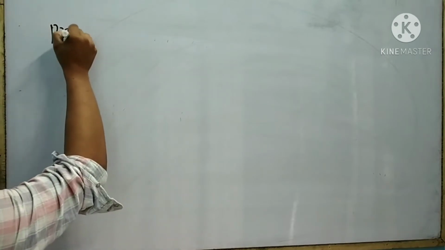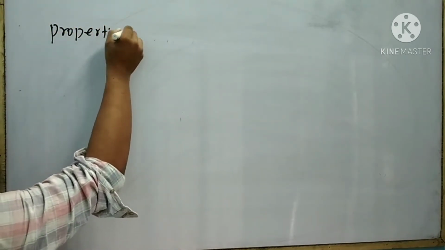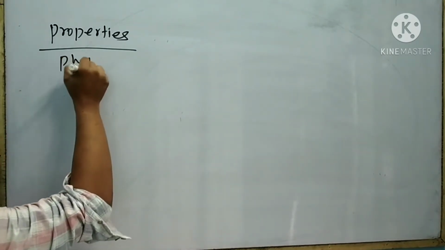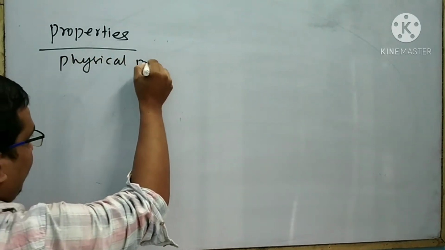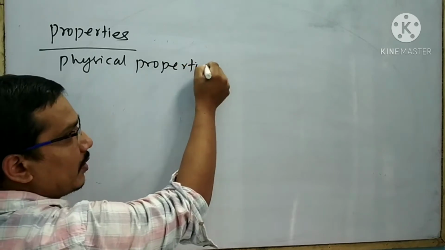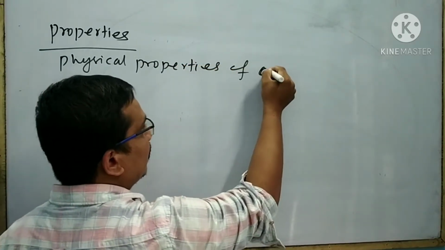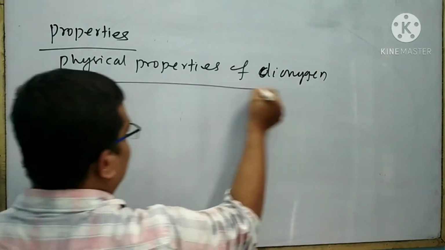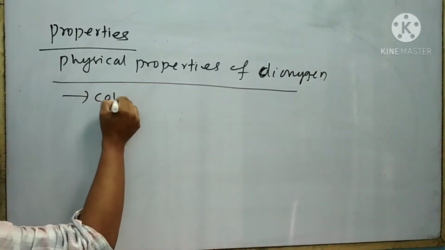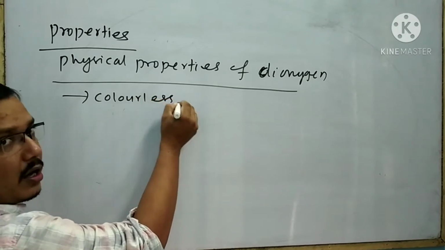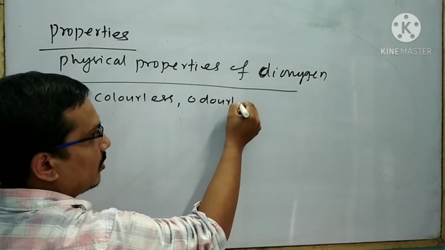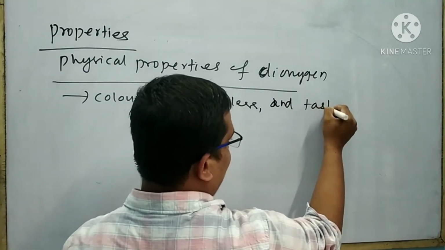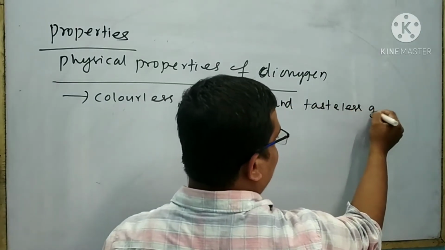Next I discuss the properties of dioxygen. At first I will discuss the physical properties of dioxygen. Dioxygen is a colorless, odorless, tasteless gas.